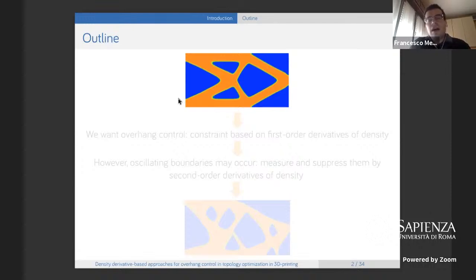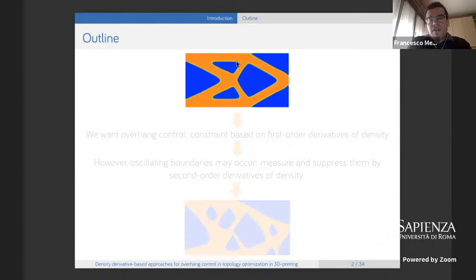In particular, let us assume that we want to print this design along a vertical build direction. And we again find the unsupported parts which were discussed by the speakers before me.